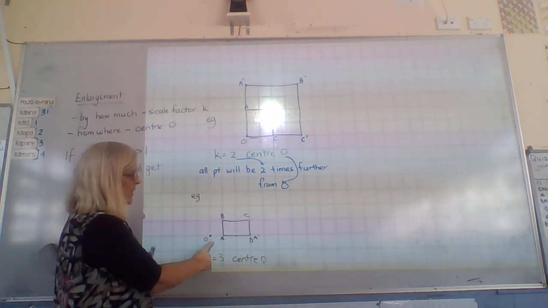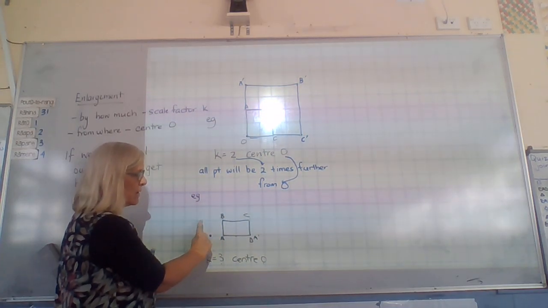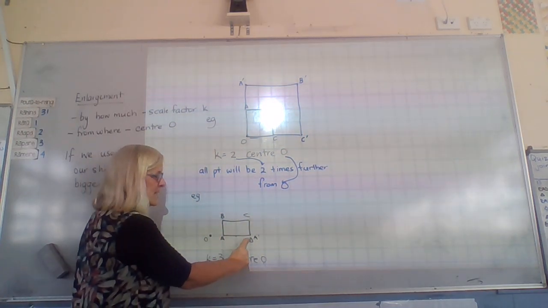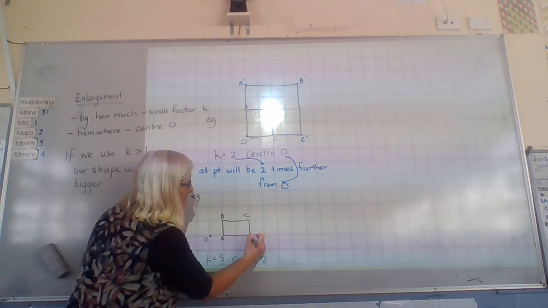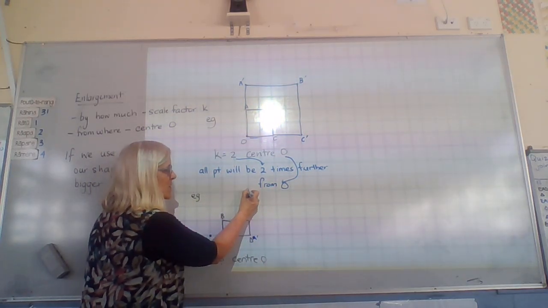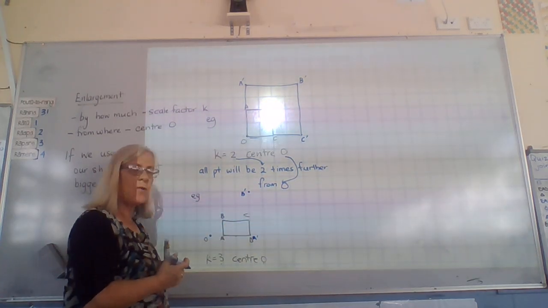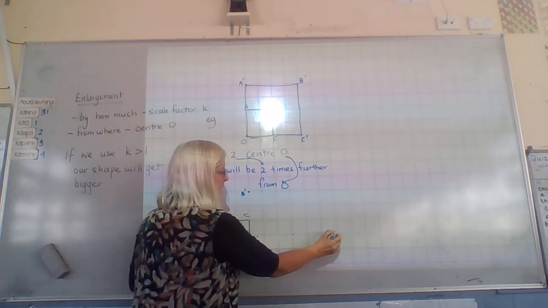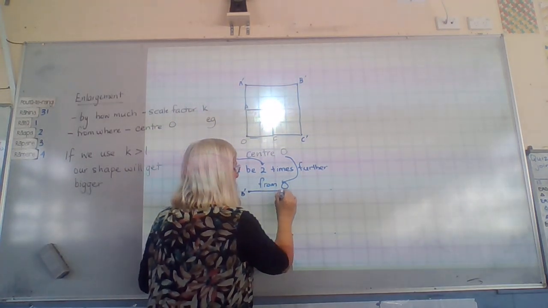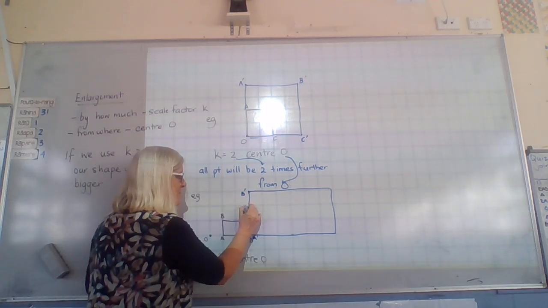Okay, so B is 1 square to the right and 1 square up. Where is it going to be? 3 squares to the right and 3 squares up. It's going to be here. D is 3 squares to the right, so where is it going to be? 6, 9. And you can pretty much guess where the last one's going to be because the shape doesn't really change.